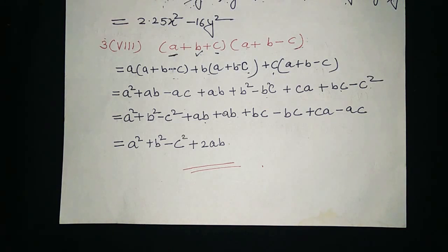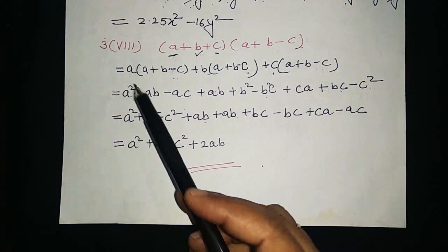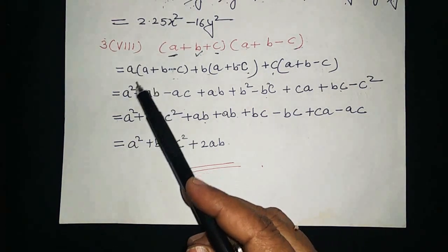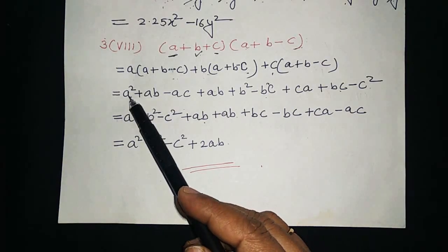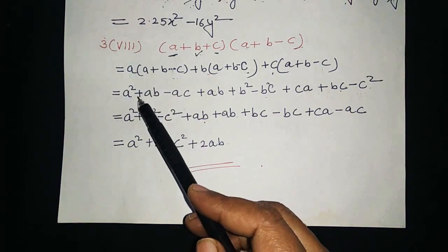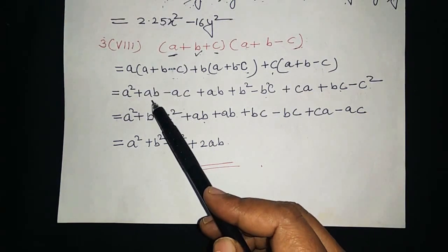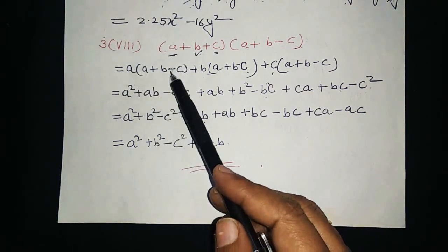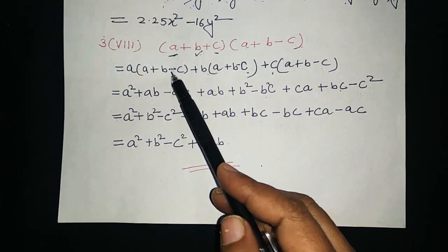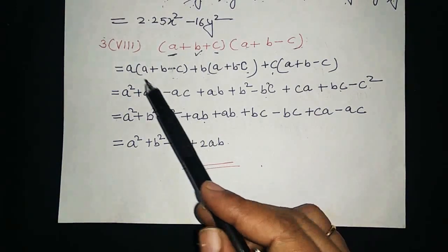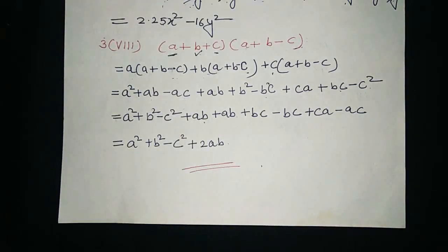Now see the multiplication. a into a, a square we will write, plus into plus, plus a into b, ab, and this plus and this minus, what will come? Here minus a into c, ac.